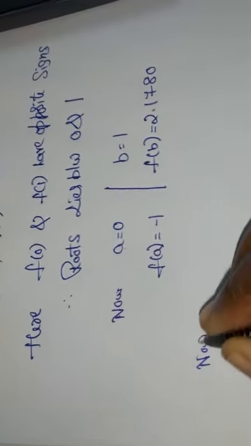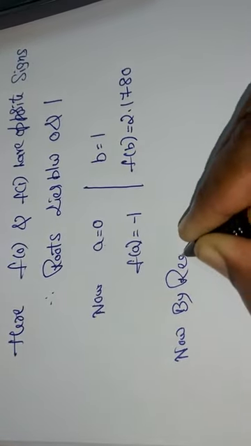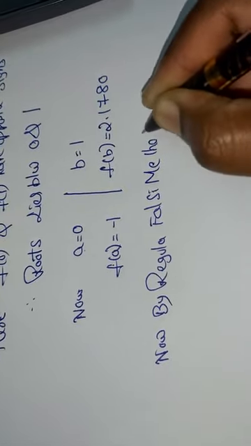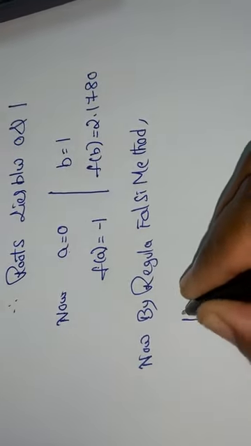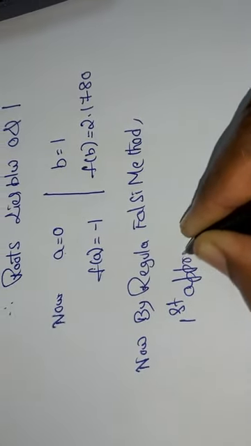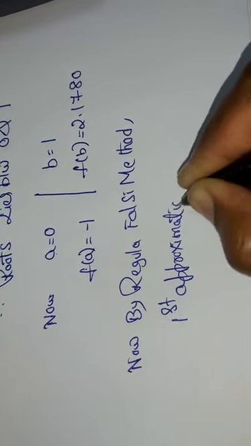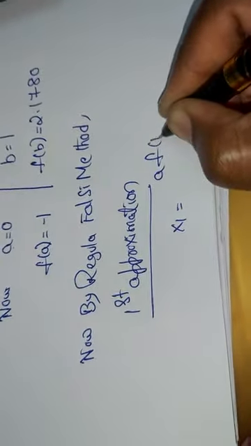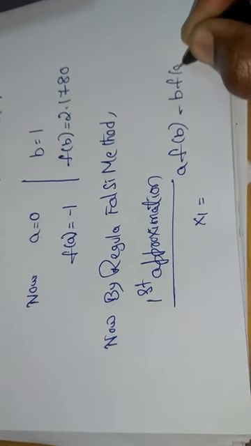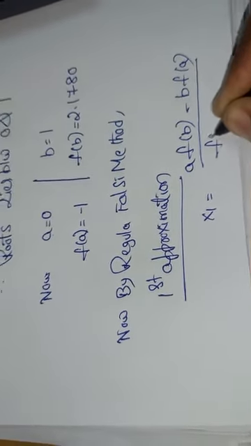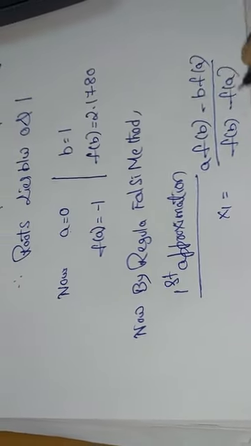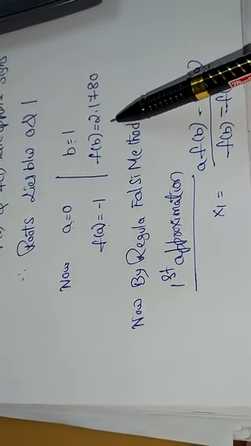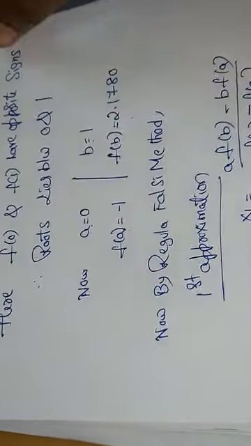Now, by the regula falsi method, what is the first approximation value? The first approximation x1 is equal to a into f of b minus b into f of a, divided by f of b minus f of a. Clearly we have a, b, f of a and f of b. Now substitute in this equation.